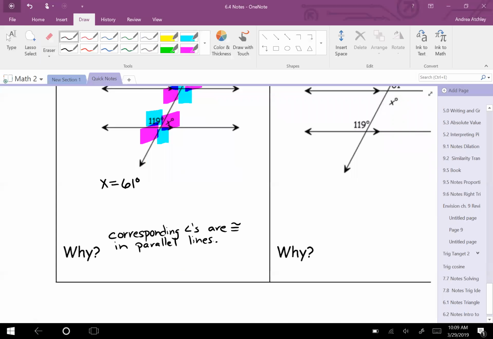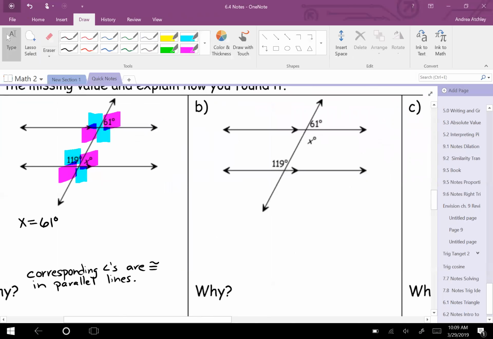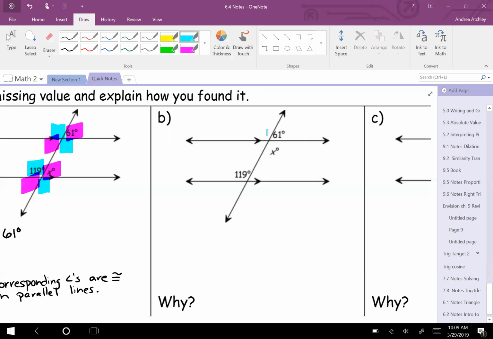Any questions over that? Okay, next one. Okay, again, I'm going to start by color coordinating.